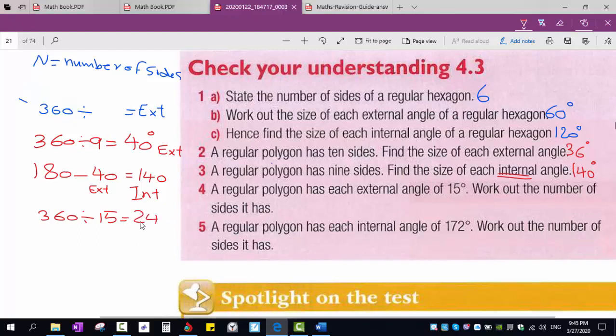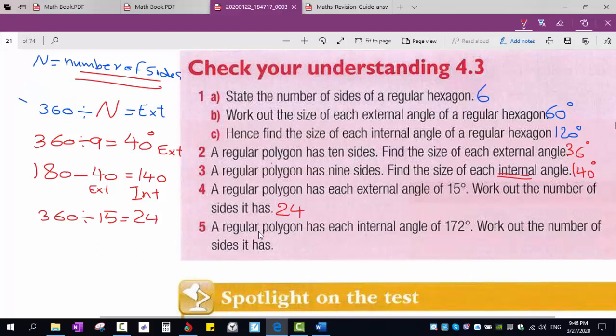So look, we can't put a degree on this 24 because this 24 stands for the number of sides. So the answer is a 24-sided regular polygon. Remember, 360 divided by exterior gives number of sides. 360 divided by number of sides gives exterior. 180 minus exterior gives interior. 180 minus interior is exterior.